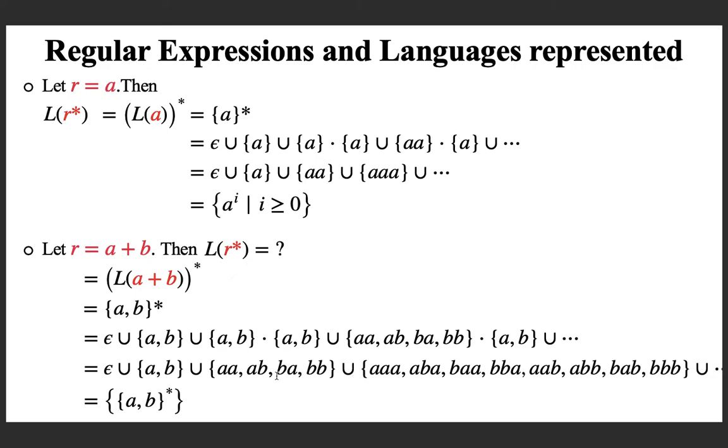Okay, so note that A plus B the whole star represents the set of all strings over AB. So sigma star in this case is nothing but A plus B star. You can extend it for any finite alphabet.